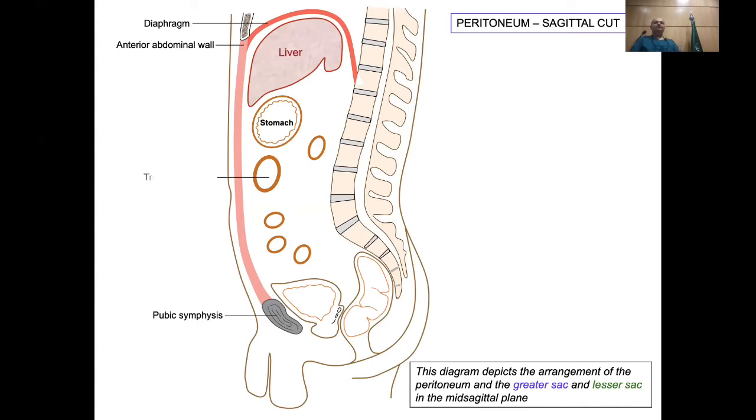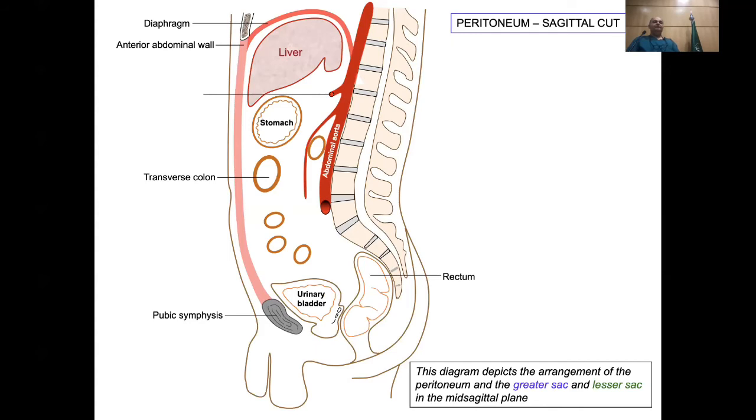Stomach, transverse colon, urinary bladder, rectum. This is my abdominal aorta. These are its different branches. You're looking at the celiac trunk. You have learned about the celiac trunk when you were learning about the blood supply of the stomach. It's important and we love it. You know what is the meaning of we love it.